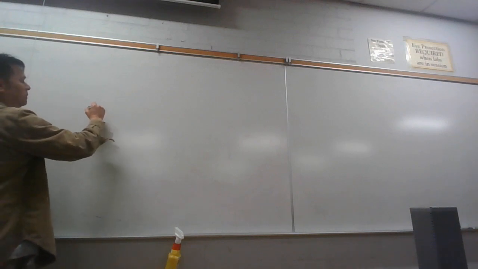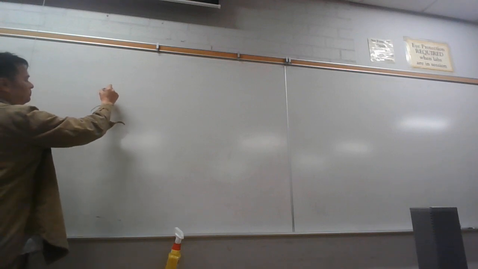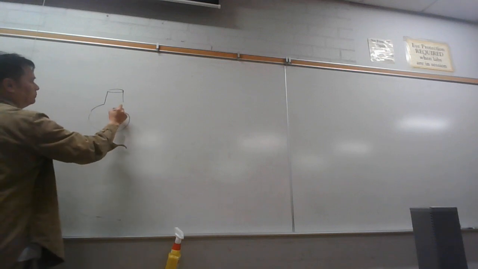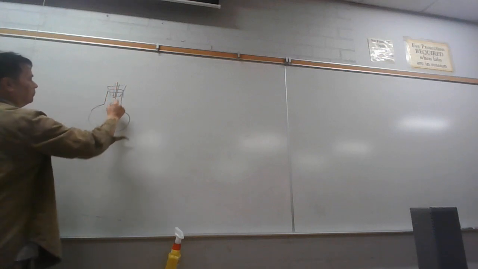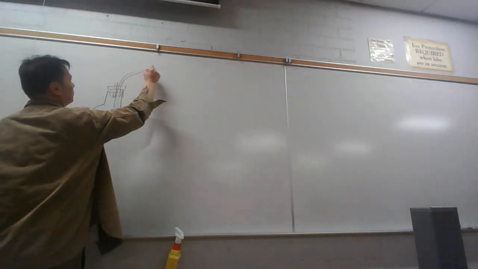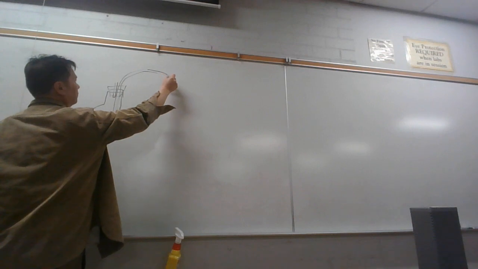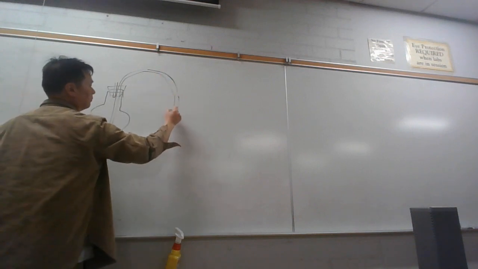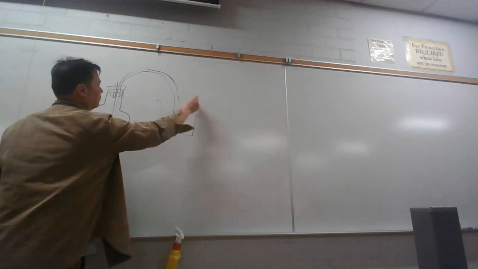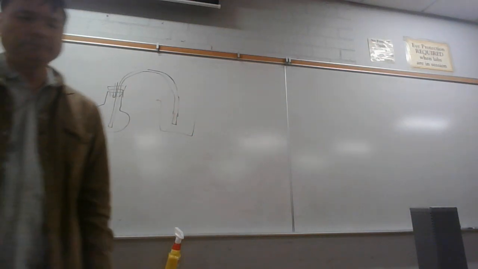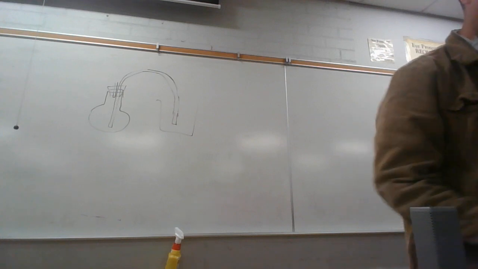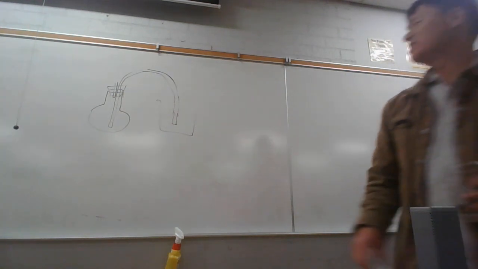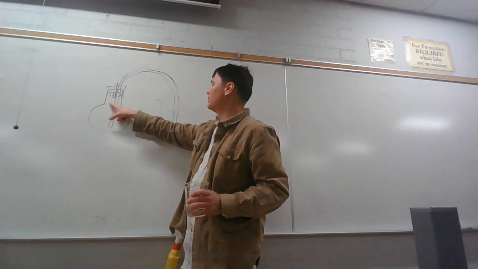So there's going to be air in our system here. So the way we're going to do this is we need to get the air out of this part here and then fill this with water.